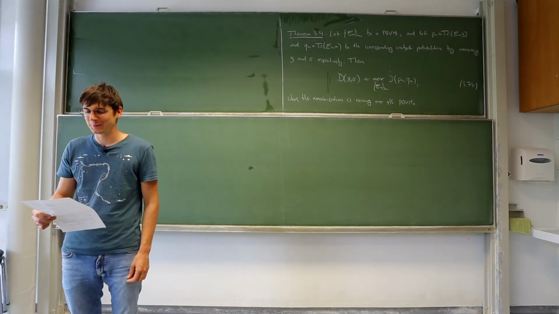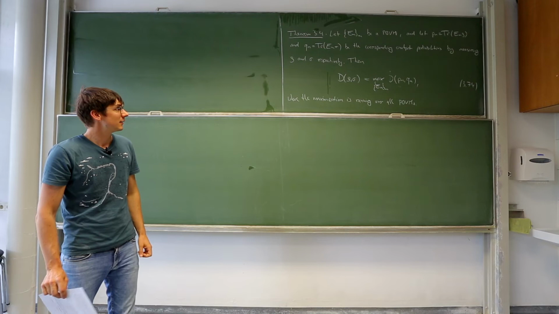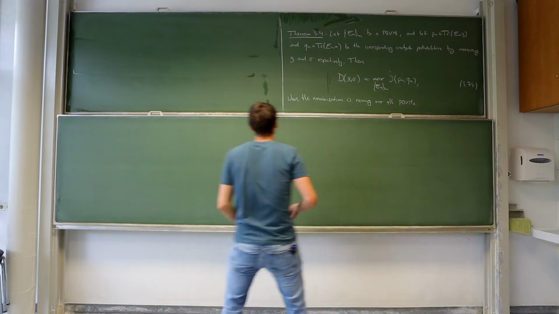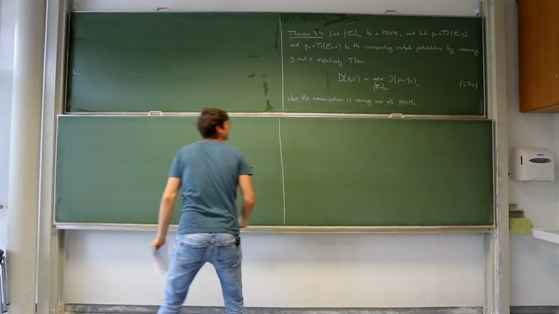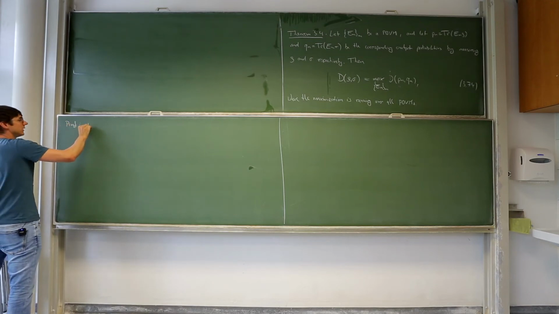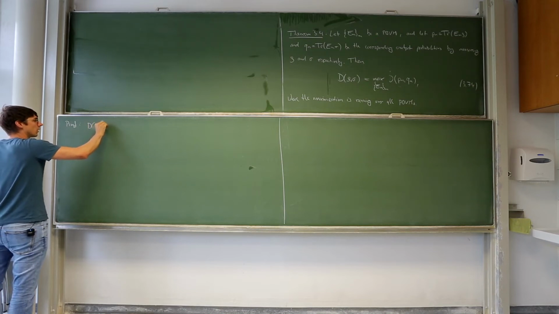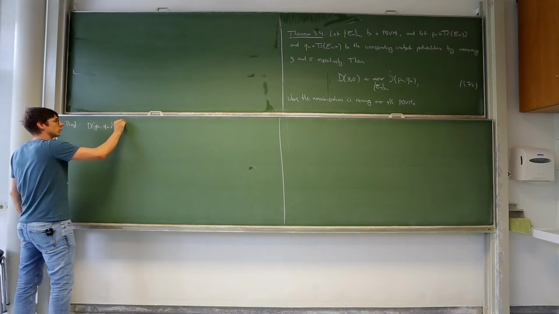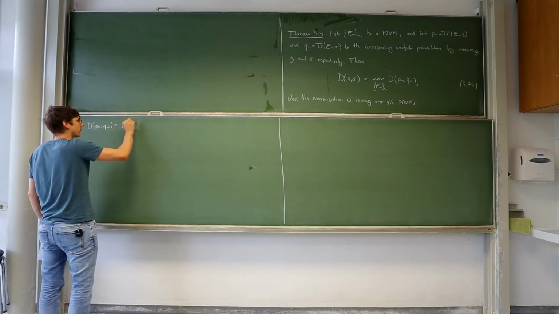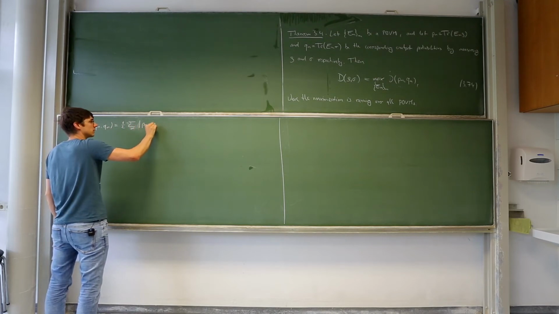Okay, let's continue with our proof of the theorem which I just left on the blackboard. And we simply start with an expression for this classical trace distance that we've had before on the blackboard. So we have d of pm, qm equal to 1/2 the sum over m of the modulus of pm minus qm.